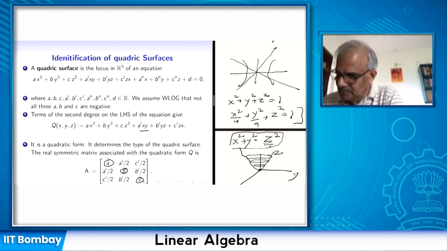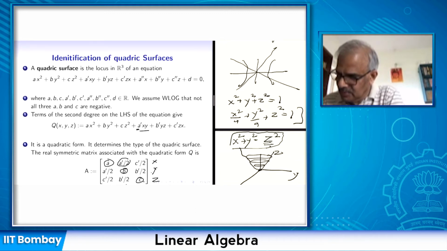Then A prime over 2 is the term which goes with xy. This represents x, y, and z, and this represents the x row, y row, and z row.